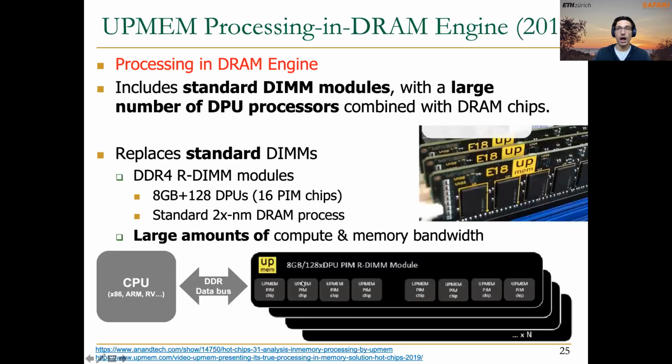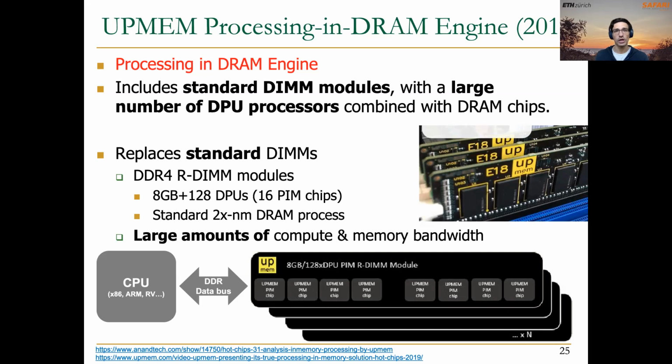I mentioned before another type of heterogeneous device is near data processing, or processing in memory. The key idea is placing computation near where the data resides, for example, inside the DRAM memory chips.